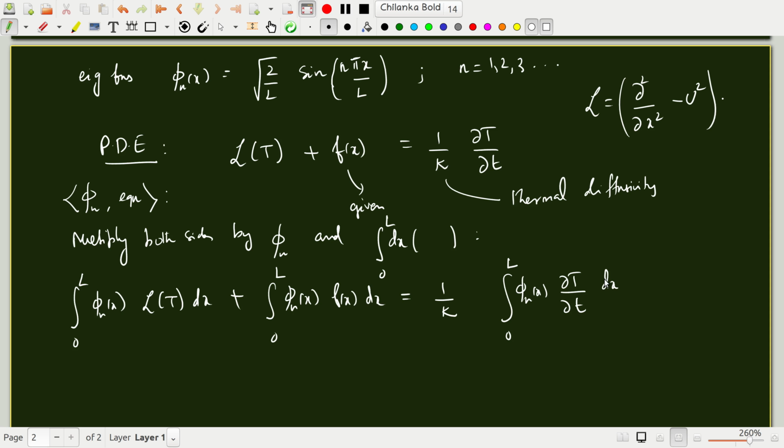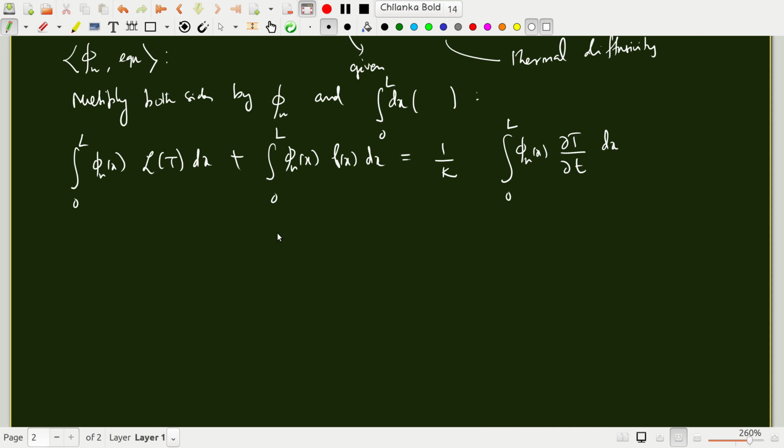Now imagine that our unknown is temperature T. So we are trying to expand T as a summation of Tn of t times phi n of x.